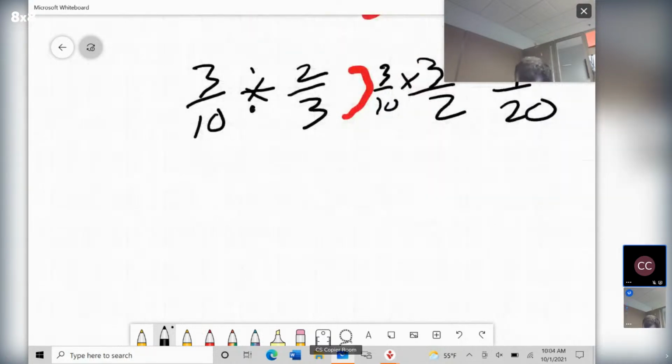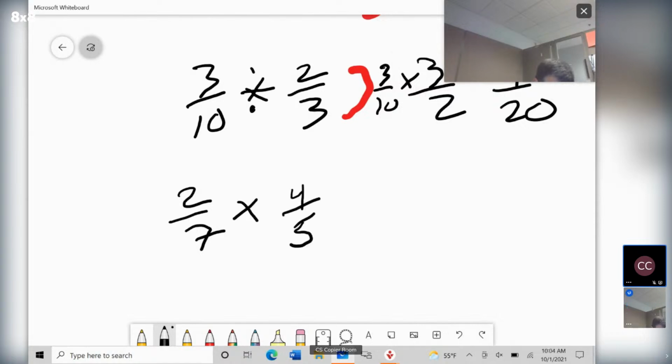Let's do one more here. If we have like 2/7 times, we'll say, 4/5. And I keep doing multiplication because I'm getting ahead of myself. So it's a division. 2/7 divided by 4/5. So you're going to say, oh, all we're going to do is 2/7.